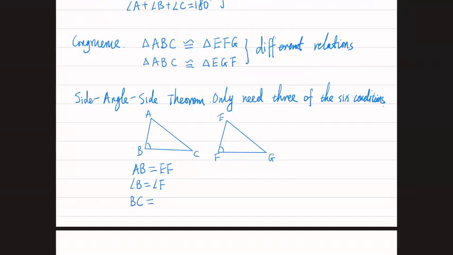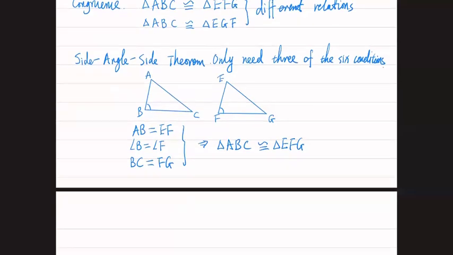BC and FG, same lines. So this is the side-angle-side theorem. This SAS.